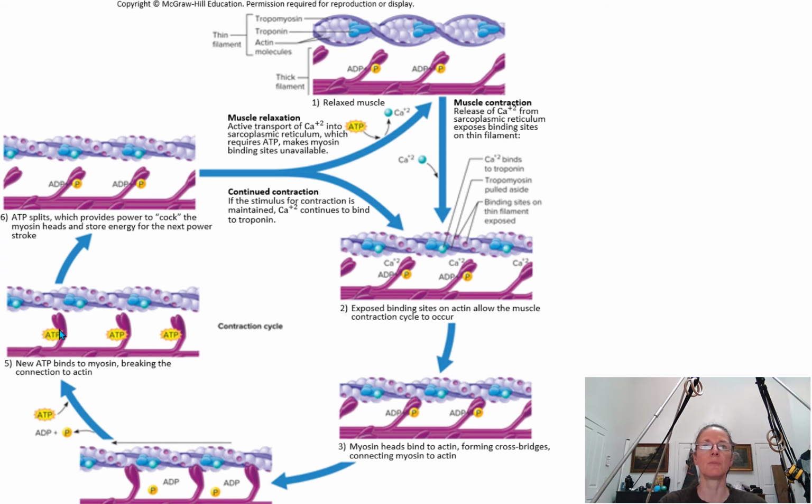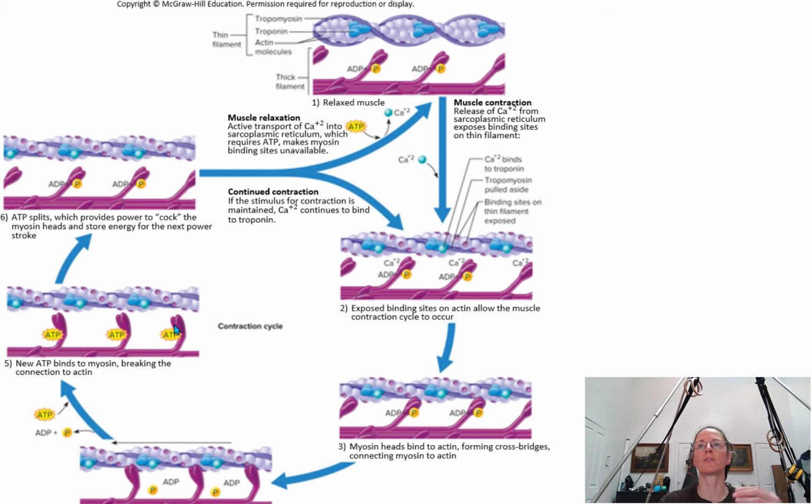Once the ATP is bound, the myosin head can let go, but notice it's still in the pivoted forward position. So the myosin heads will break that ATP to ratchet back out into the ready and cocked position. And so that is the cycle of cross-bridging and how the myosin heads will interact with the active sites on the actin filaments.